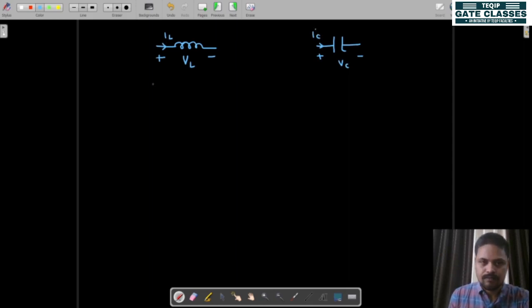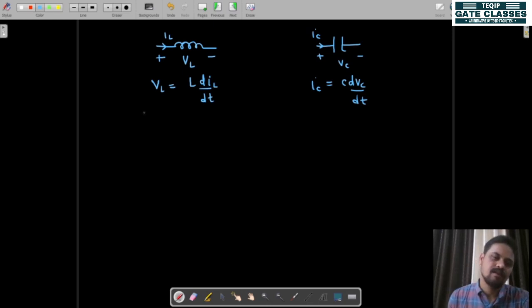So VL is given as L di by dt, and for the capacitor, IC is equal to C dVc by dt. The reaction of the inductor is in terms of voltage, and the reaction of the capacitor is in terms of current.